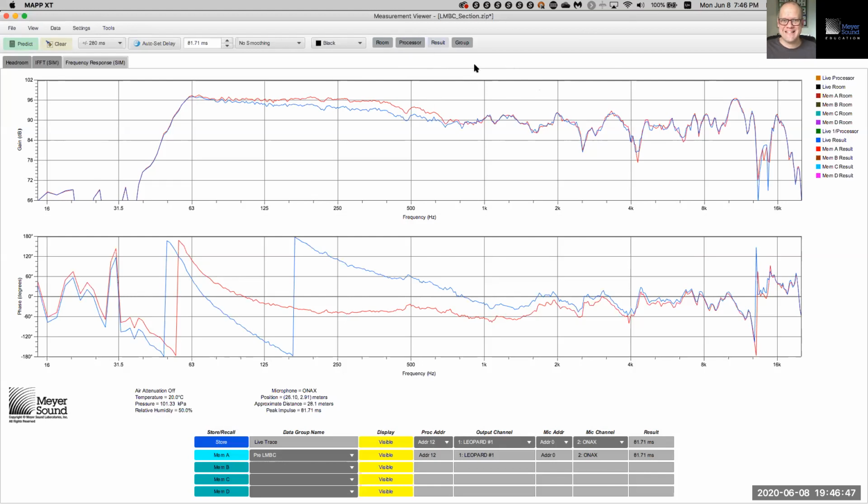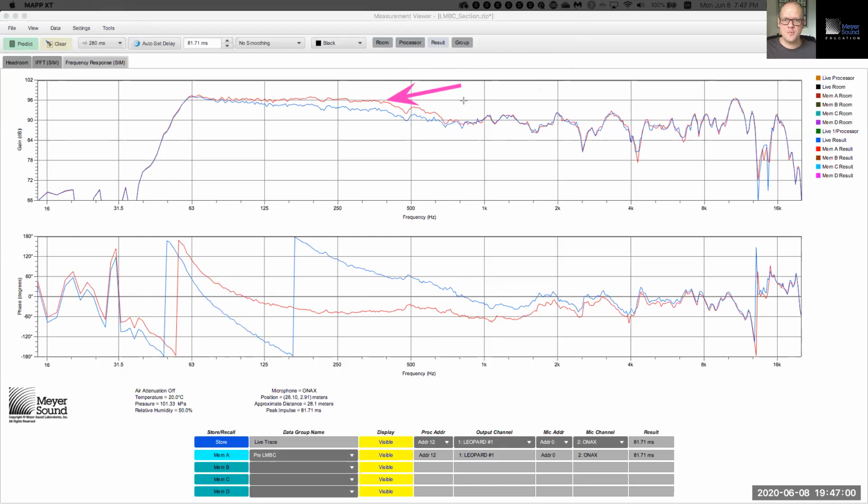The red trace was our array prior to turning on the LMBC, whereas the blue trace is the active measurement showing us post LMBC. So this is pre and this is post. We see less energy underneath the balcony.